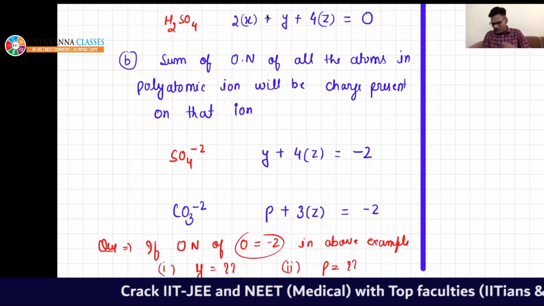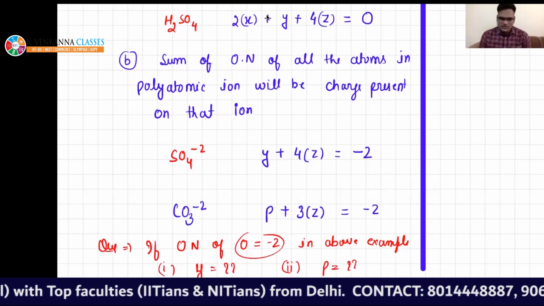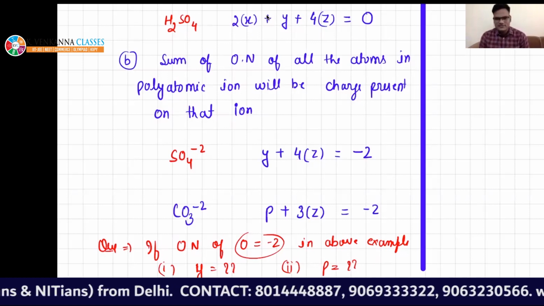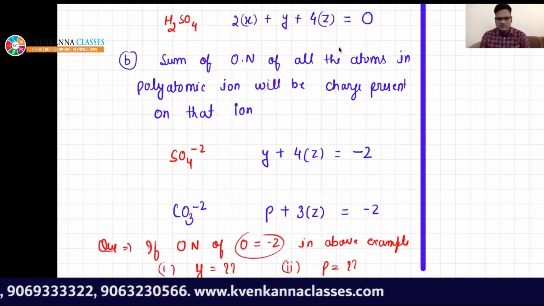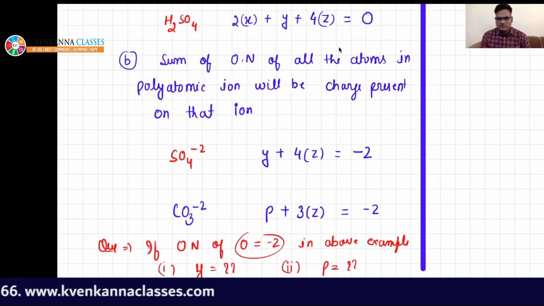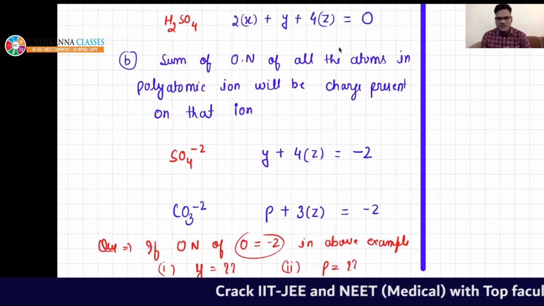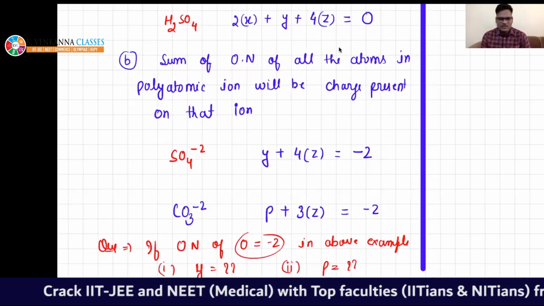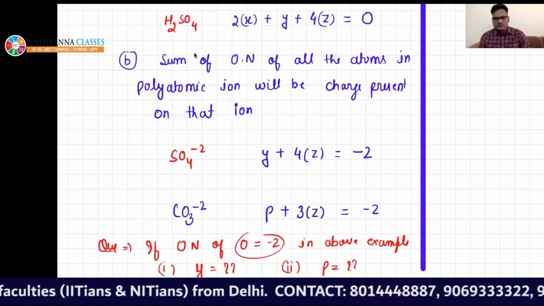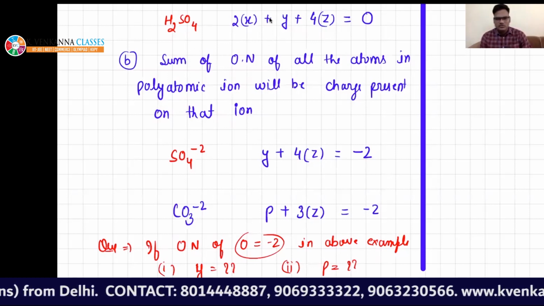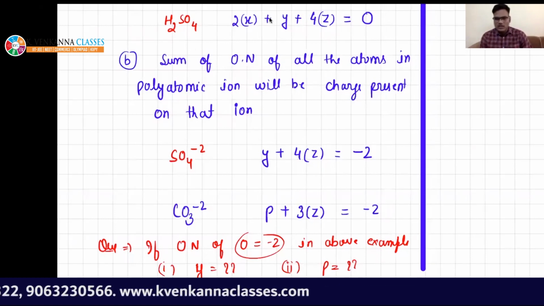Yeah, you have given the right answer. What about others? Anyone else? In sulfate, the oxidation number of sulfur, that is Y, and in carbonate, the oxidation number of carbon. Please, quickly, come on.